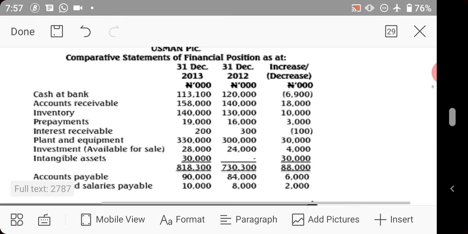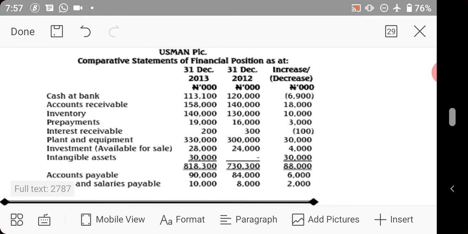So we now have the comparative statement of financial position. You can see the one of 2013 and the one of 2012. The one of 2012 is the beginning of the year, while the one of 2013 is the end of the year.